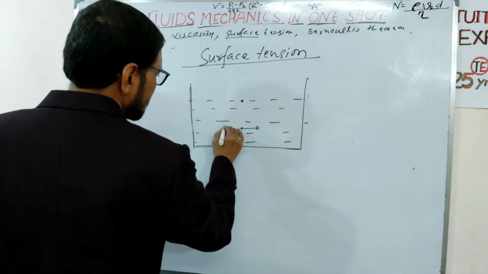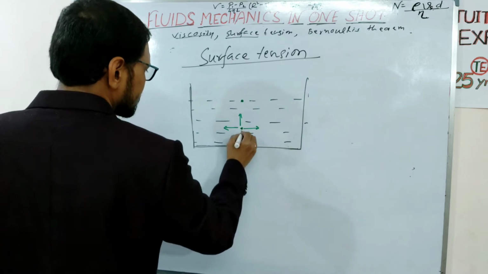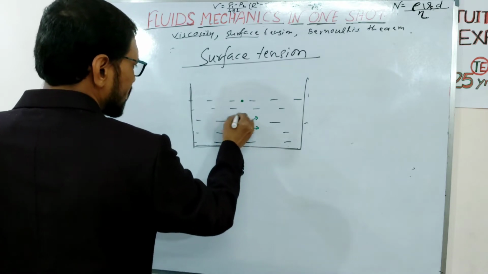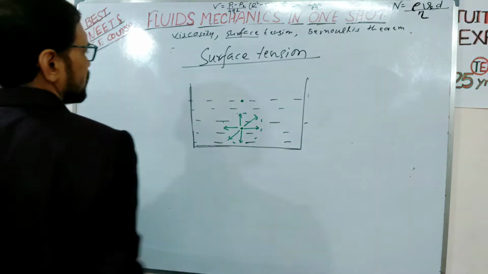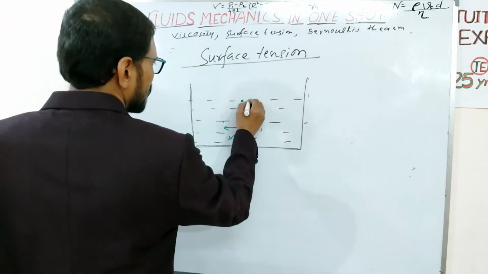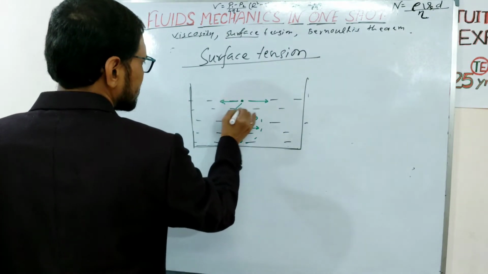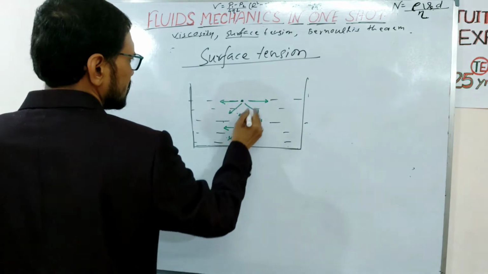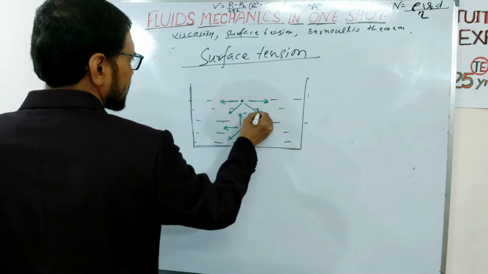The force from all directions acts on the molecule within, because it is surrounded by all other molecules. But at the surface, here there is no molecule, so the force is directed in this way.